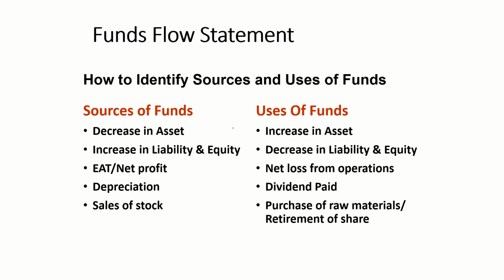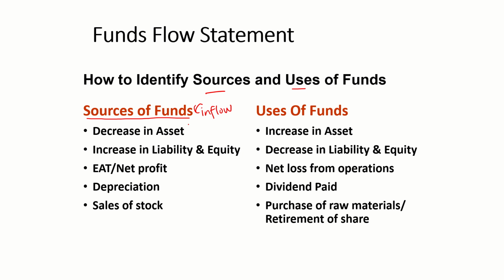Okay, to know what the sources and uses of funds are, we need to know which is considered as sources of fund. We know that sources of fund is money coming in. So this is the criteria. The first one, funds coming in, inflow.